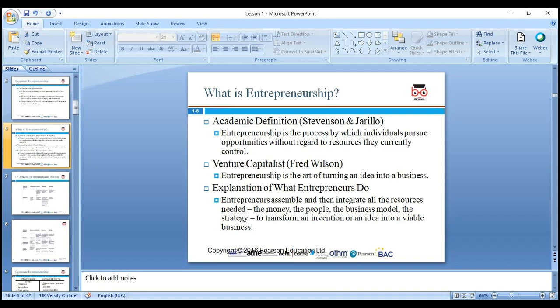Explanation of what entrepreneurs do. Entrepreneurs assemble and integrate all the resources needed, the money, the people, the business model and the strategies, to transform an invention or an idea into a viable business. Think about Uber taxi.